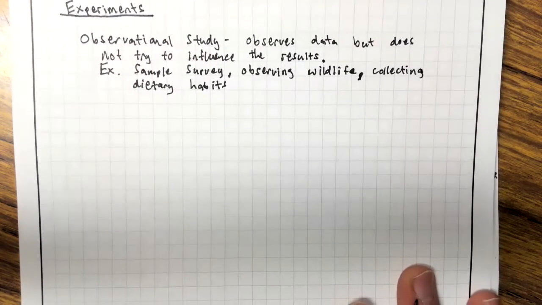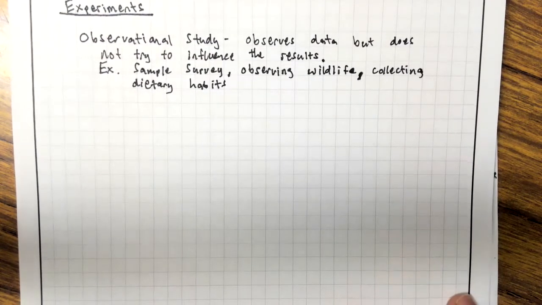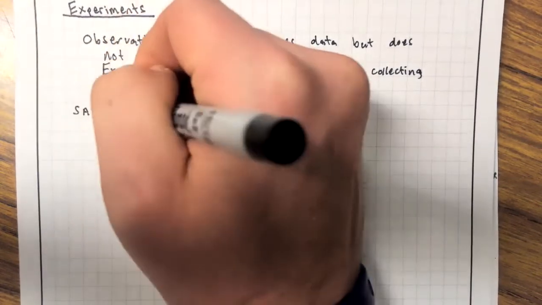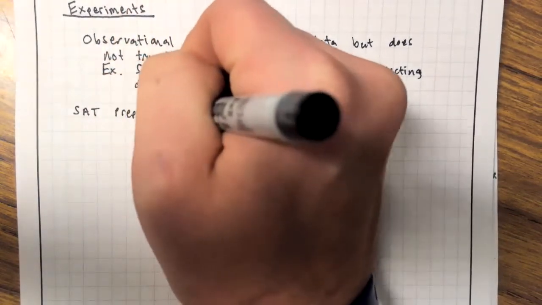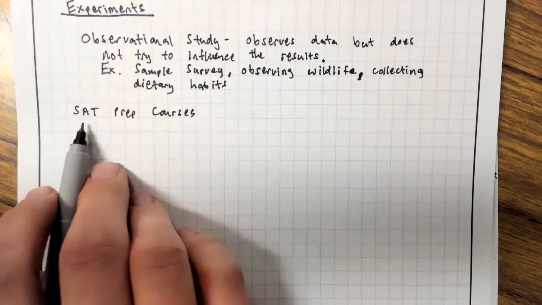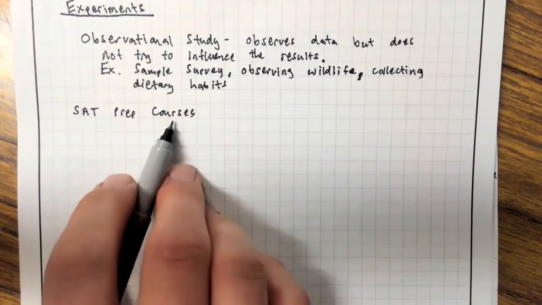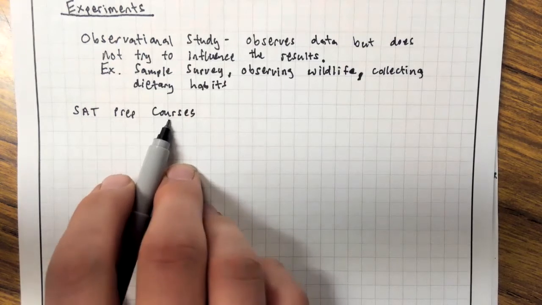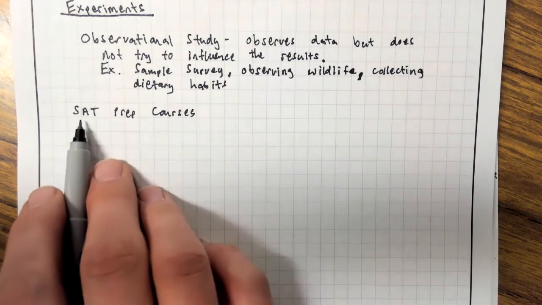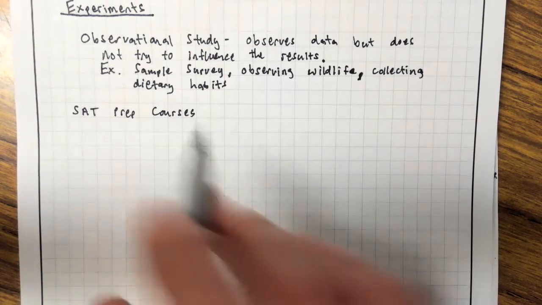So the observational study that we're going to talk about today is SAT prep courses. It has been found that students that volunteer to take SAT prep courses, either after school or on Saturdays, typically have much higher scores than students that don't take these SAT prep courses.